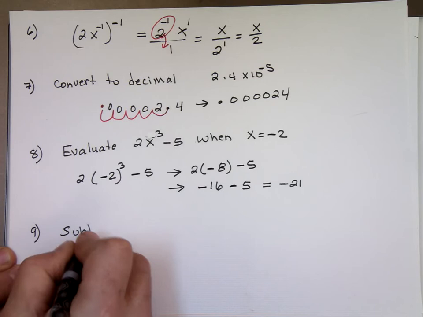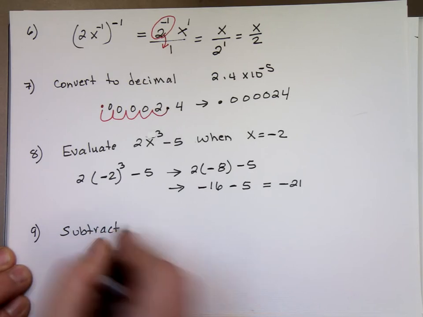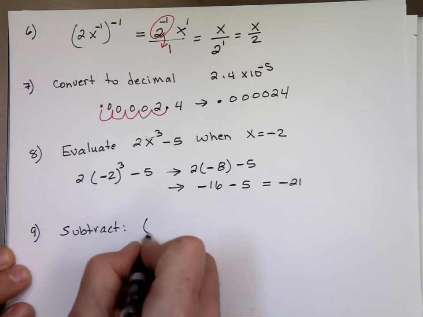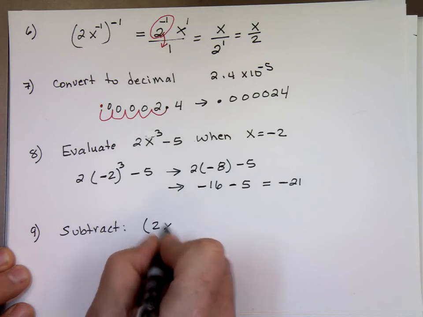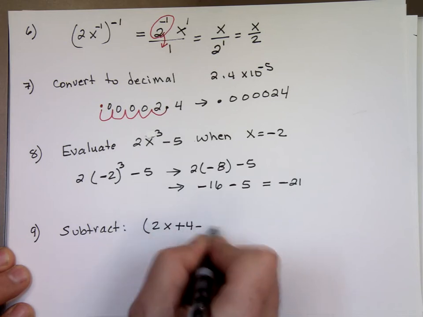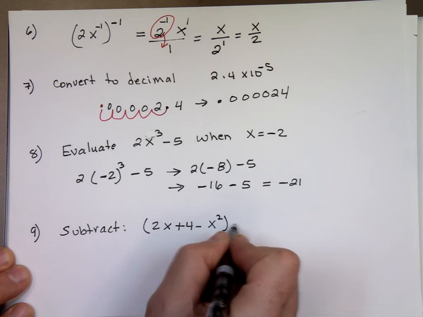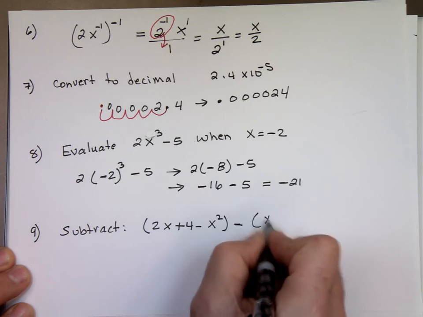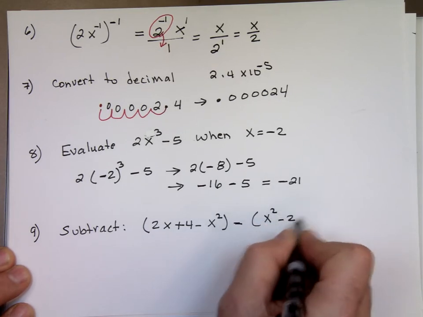Subtract. 2x plus 4 minus x squared, minus x squared minus 2x minus 4.